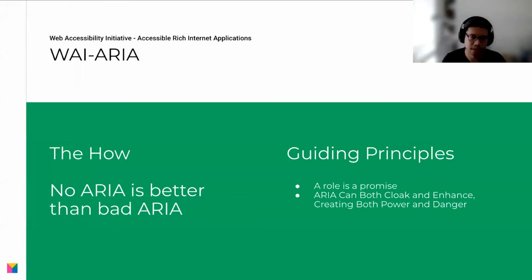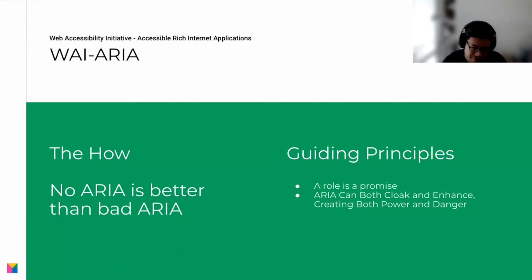And then second, ARIA can be a cloak and enhancement. This allows for a lot of power, but also a lot of danger. What cloaking means is that with ARIA, you could essentially override the original semantics of your elements.